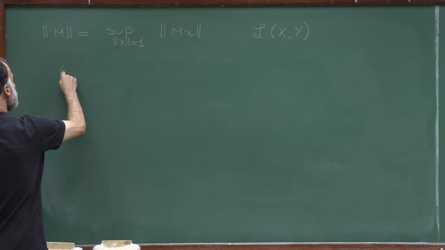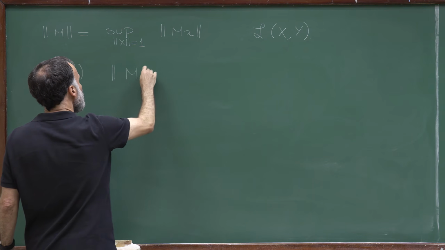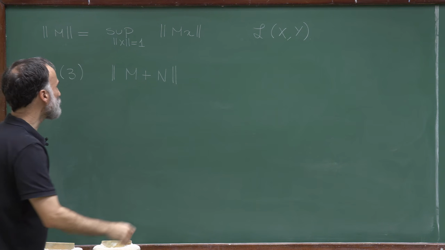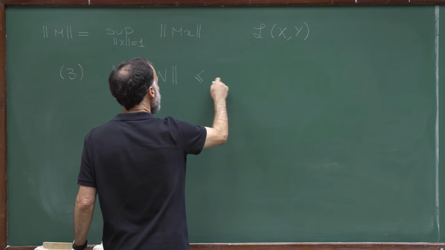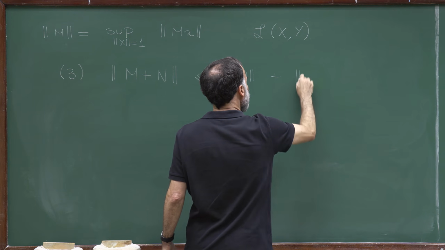So it remains to prove the triangle inequality. Let's consider two operators, m and n, and I want to prove that the norm of m plus n is bounded by the norm of m plus the norm of n.